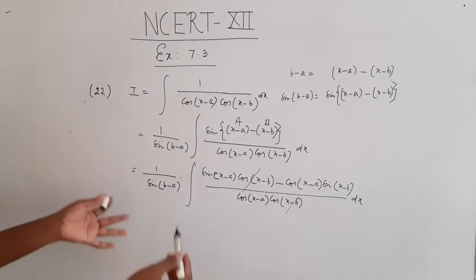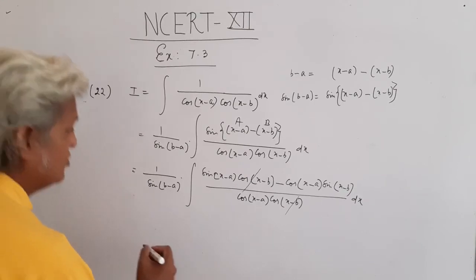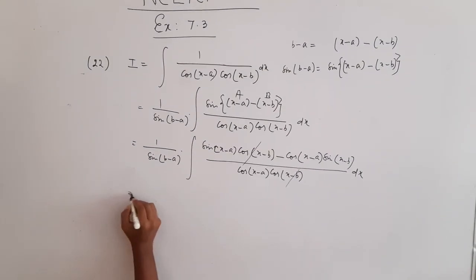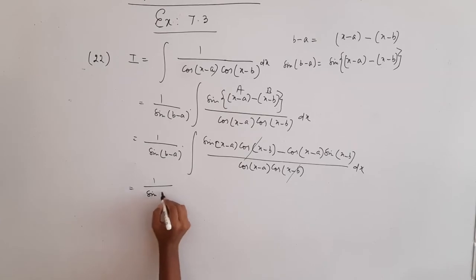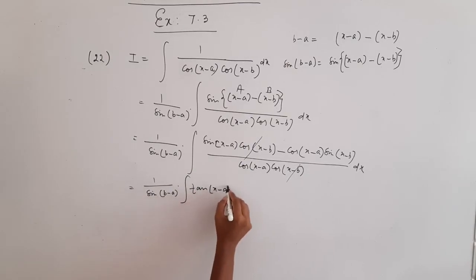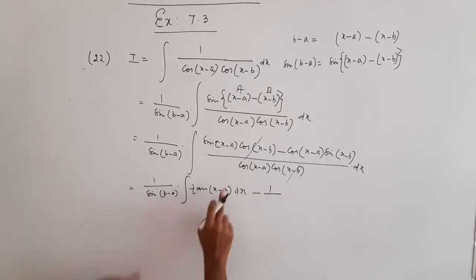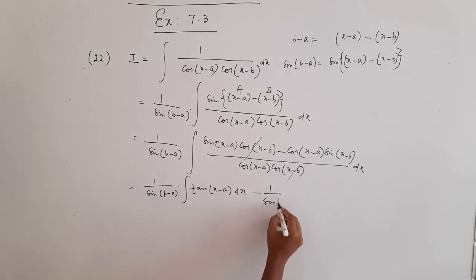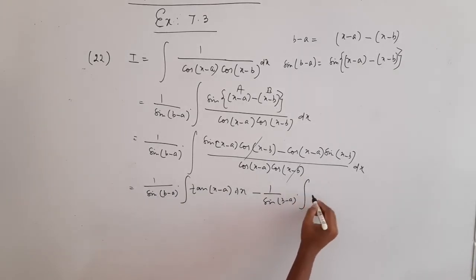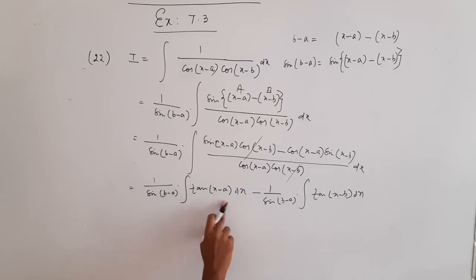Since you understand this part, I just go directly to the next part. So here I write this as 1 over sin(b − a) integration tan(x − a) dx minus integration tan(x − b) dx, as 1 over sin(b − a) is common to both. Now you know that integration of tan x is log sec x.